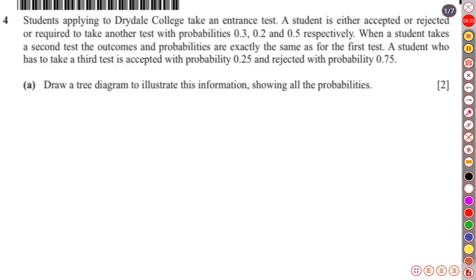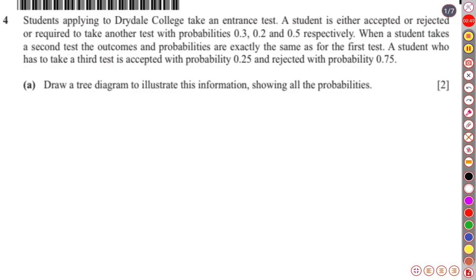When a student takes a second test, the outcomes and probabilities are exactly the same as for the first test. A student who has to take a third test is accepted with probability 0.25 and rejected with probability 0.75. Draw a tree diagram to illustrate this information showing all the probabilities.